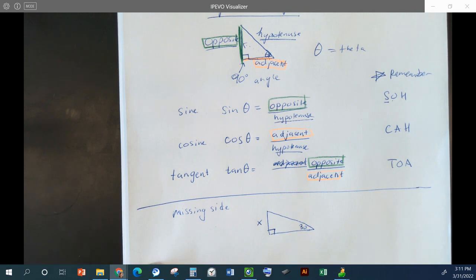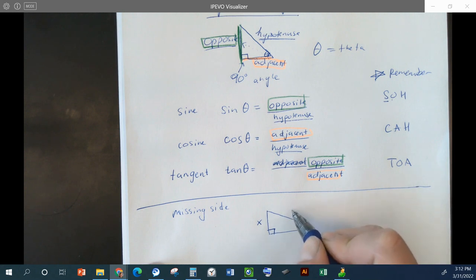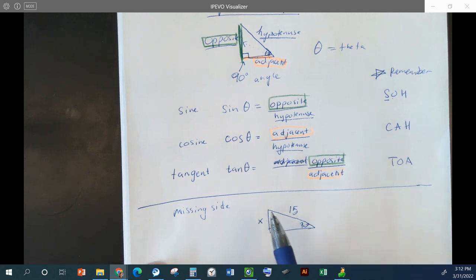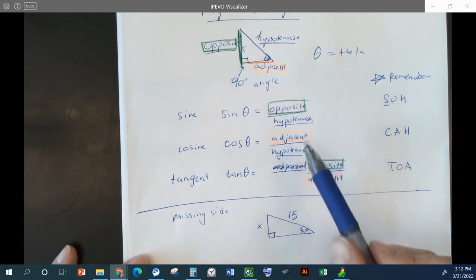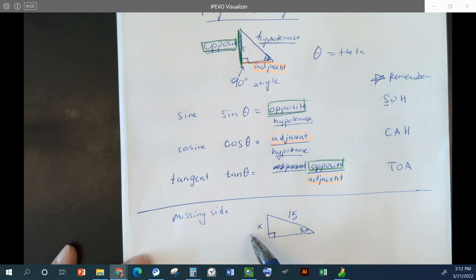But maybe I have the hypotenuse. Maybe I know that this side is 15 feet. So the angles in degrees, this is just a number. So I can use these relationships up here, and I can find this missing side.